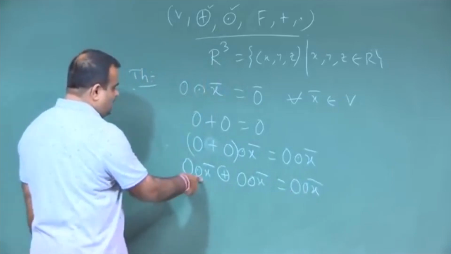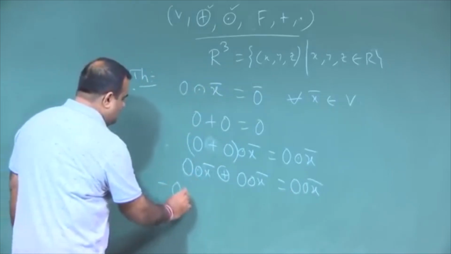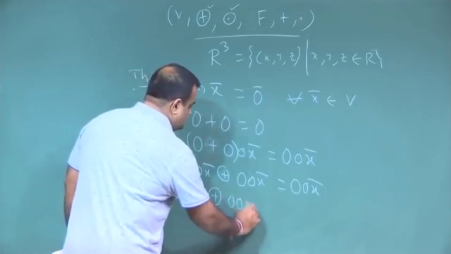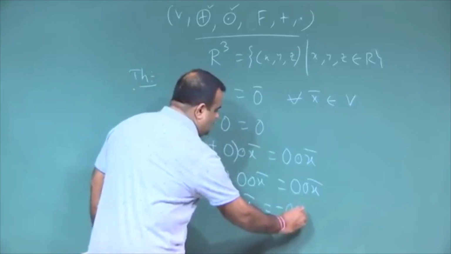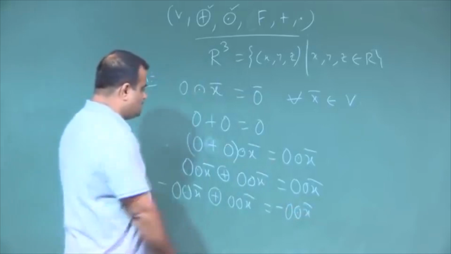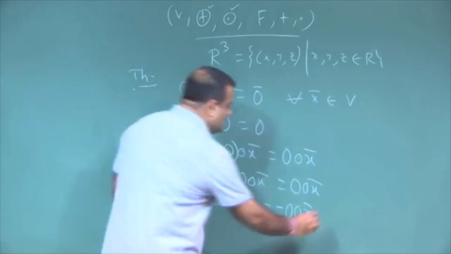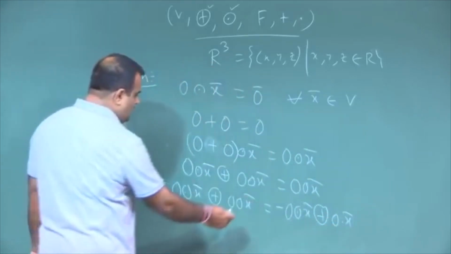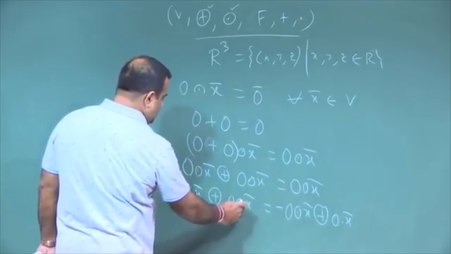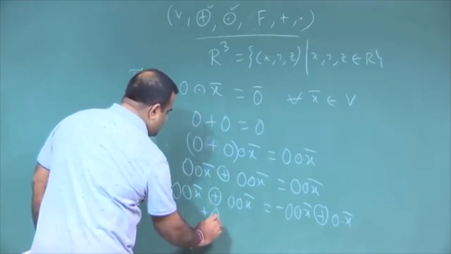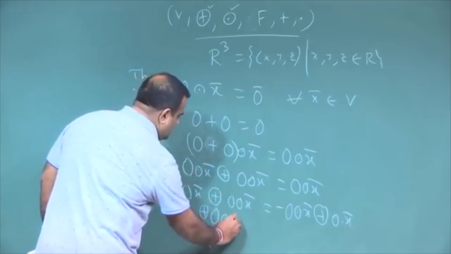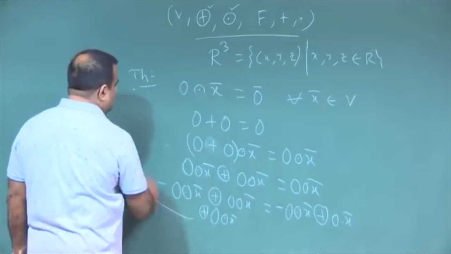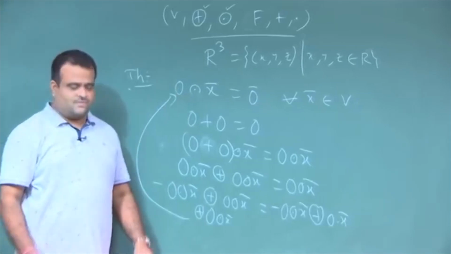Now this is an element in the vector space, so we can take the minus of that, the additive inverse, which is why it is taken in the minus sense. Then we get 0 plus, and again 0 plus, so this will give us the 0 vector. It is very trivial.